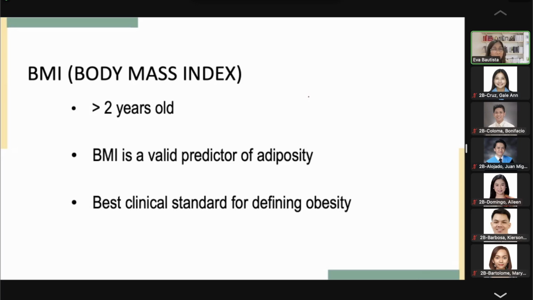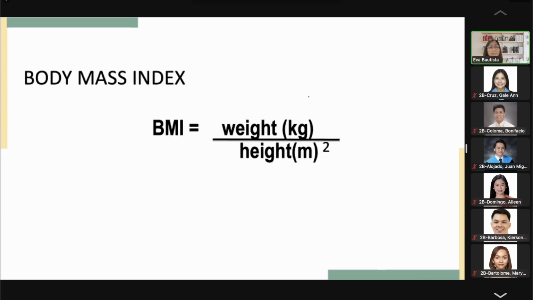But in older children, in adolescents who are in sports, the weight could be because of the muscles, not the fat, not the adiposity. So, not a true measure of adiposity. So we get the BMI based on the weight in kilograms divided by the height in meters square.